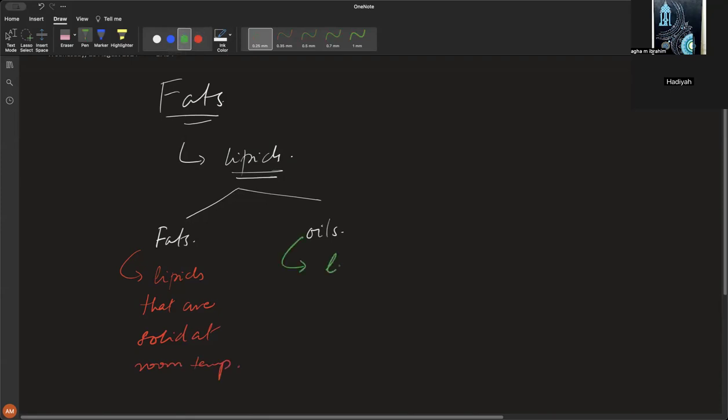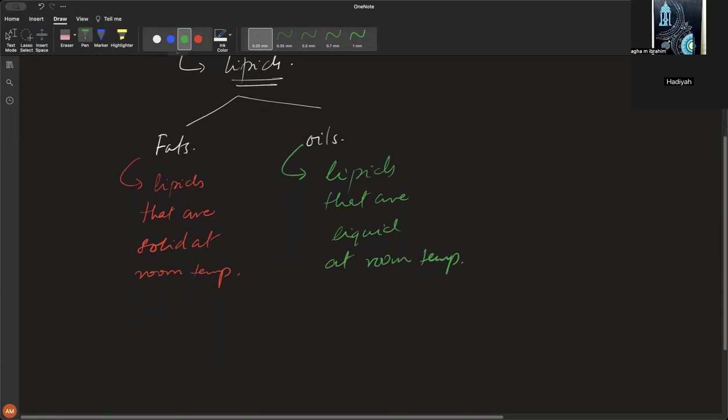Oils are lipids that are liquid at room temperature. You understand? Examples that we can generally come across are animal fats, and the examples that we generally come across in oils are many things.